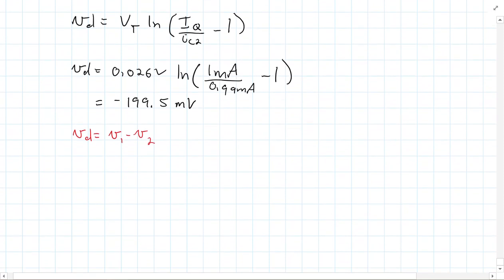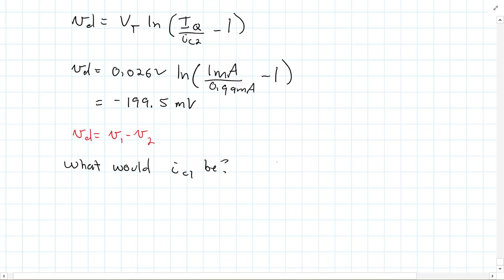And we can see here, even though this question wasn't asking for it, if we do use a VD of negative 119.5 millivolts, what would IC1 be?